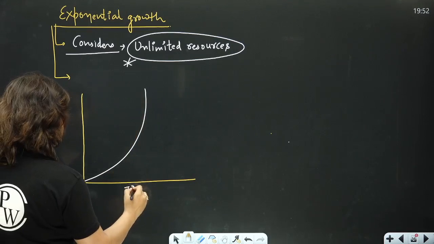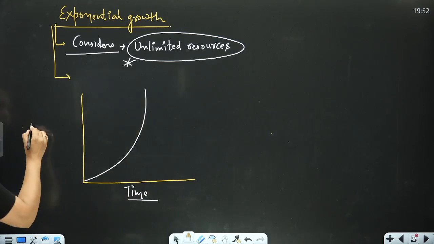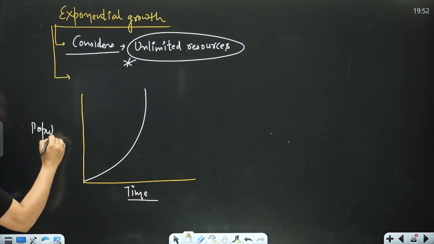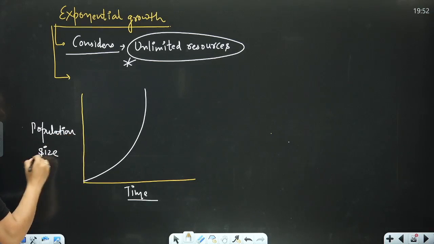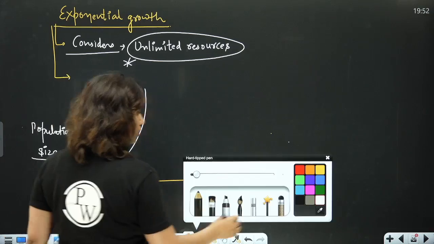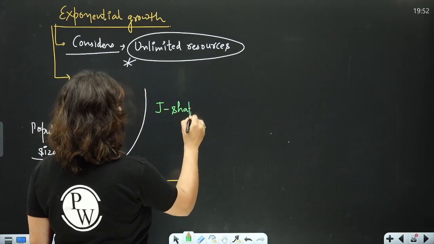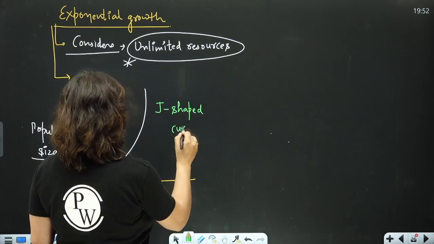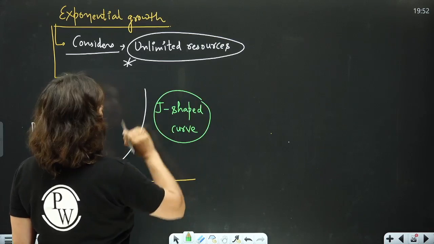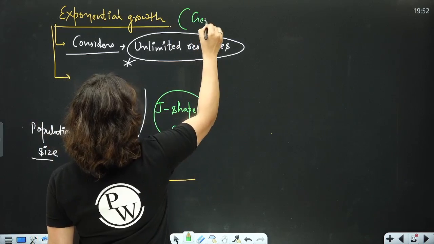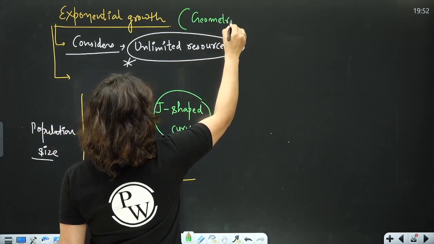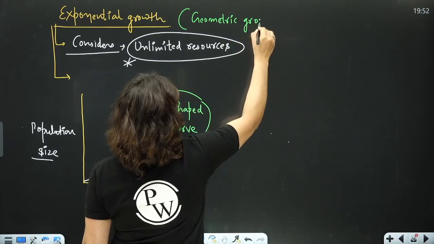If I take time here and the population size here, then the exponential growth shows a J-shaped curve. The exponential growth is also called the geometric growth, right?